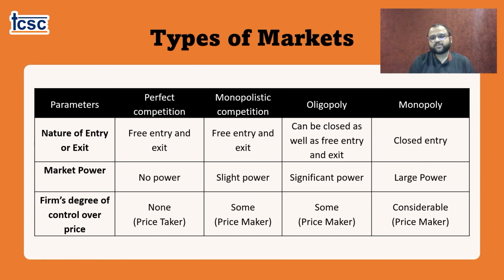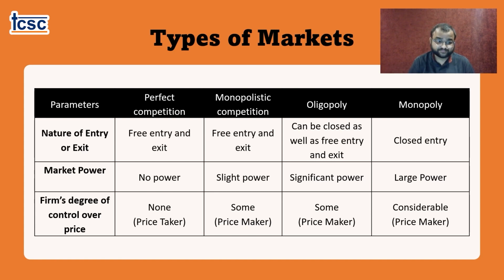On the basis of nature of entry and exit, perfect competition and monopolistic competition allow free entry and exit. Oligopoly can have free entry but can also have closed entry and exit. But in monopoly, there is closed entry owing to the fact that they intend to have control over the business. It might be a legal monopoly or a natural monopoly and so on and so forth. So the sources of monopoly are different.